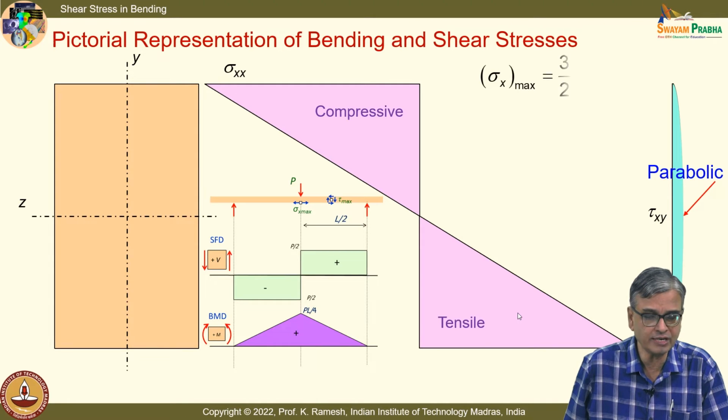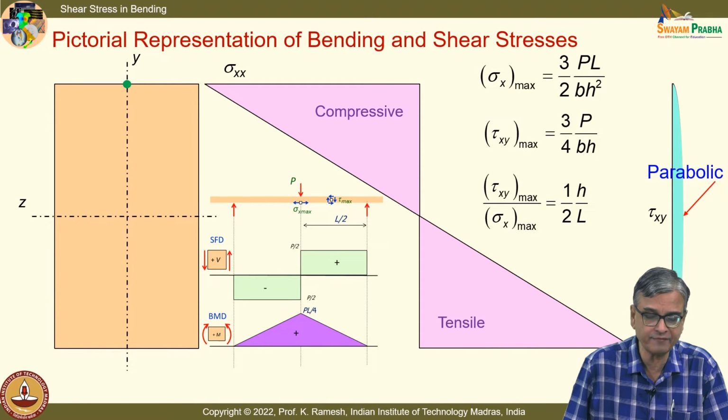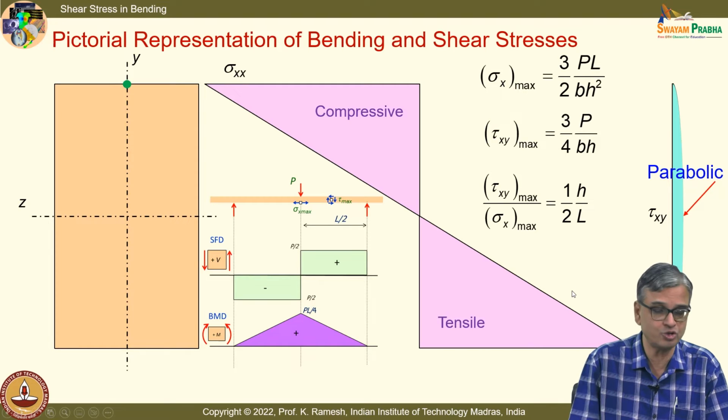And we have also looked at the comparison in terms of numbers, in terms of tau xy max divided by sigma x max. I get this as 1 by 2 times h by L. So, if I take h by L as 1 by 10, it is 20 times less compared to the normal stress. So, that is the idea that you should have.